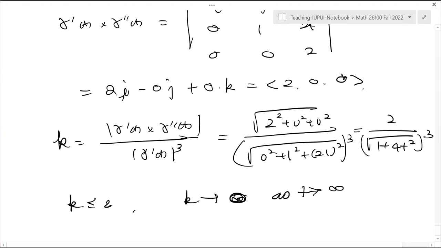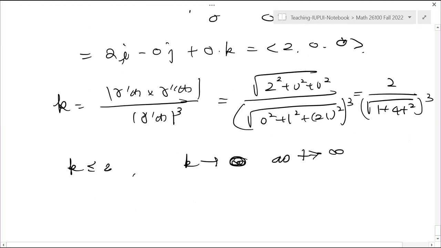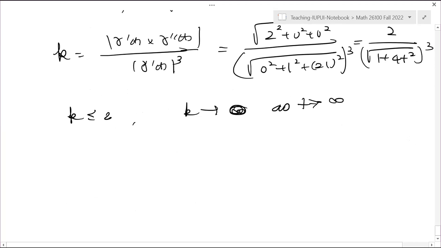All right. So anyway, when the parabola is getting far away, it is going to be more flat. Curvature is going to be zero. So at the point gamma t, right?